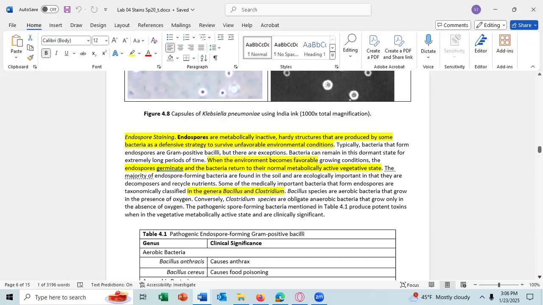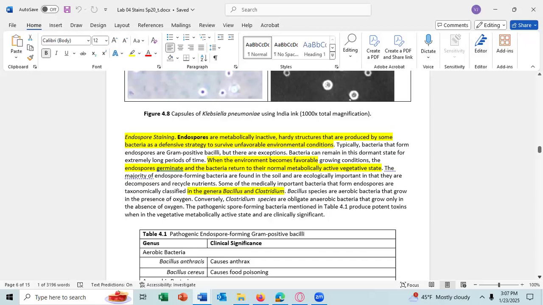When the environment then becomes favorable, the endospores will germinate and they will return to their normal metabolically active vegetative state. So the endospore will germinate and become a bacillus, and then that bacillus will become metabolically active and can reproduce.